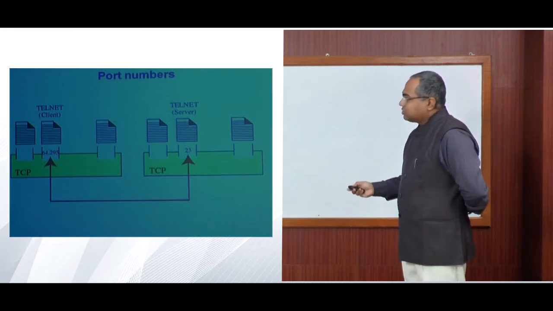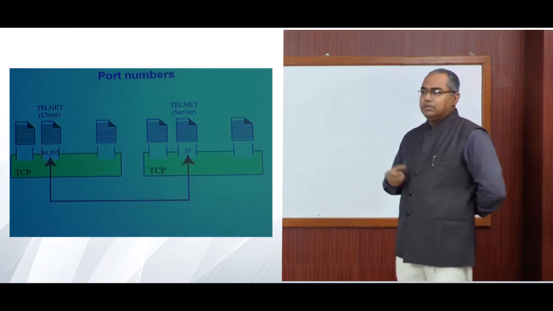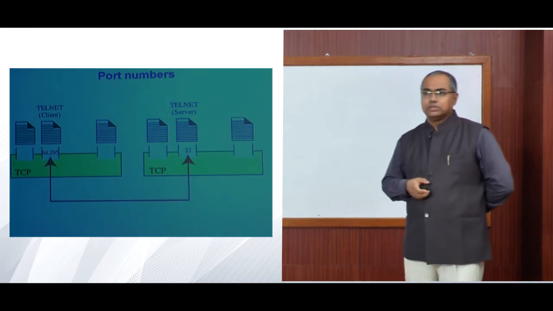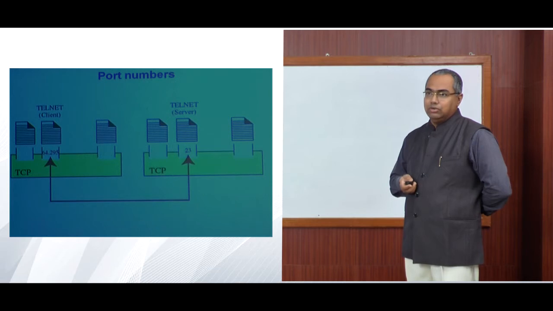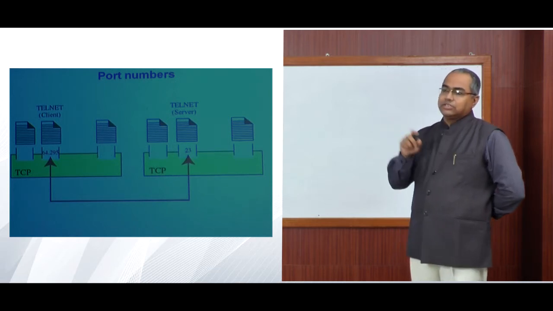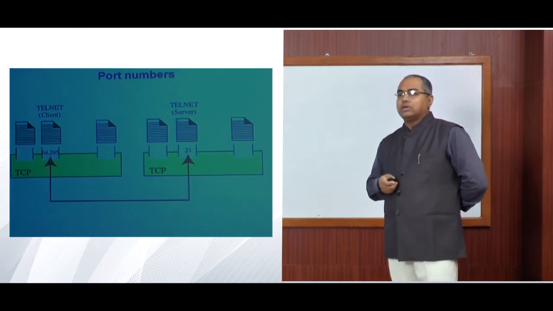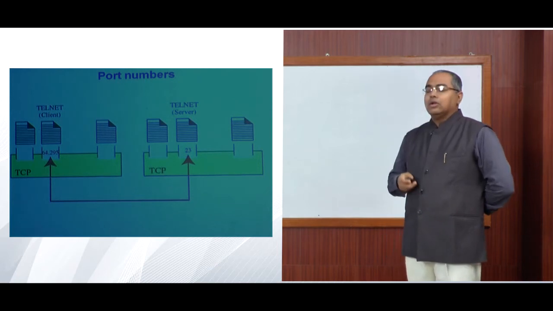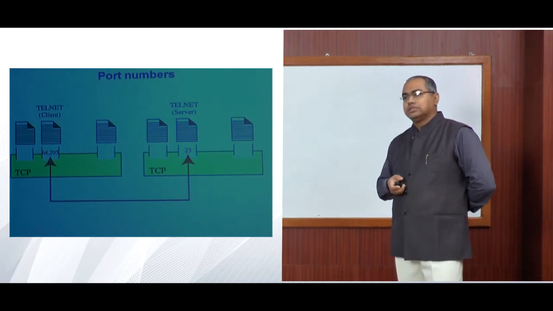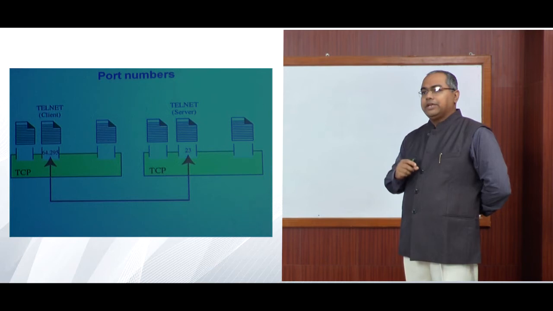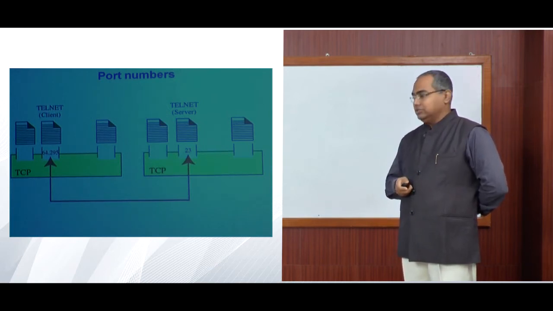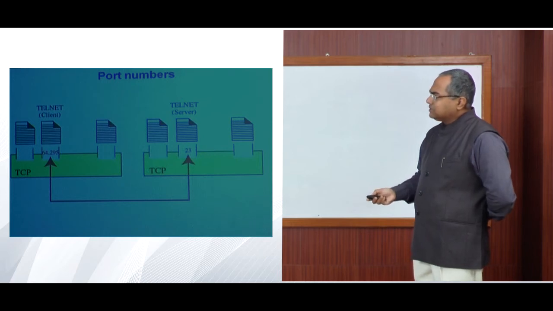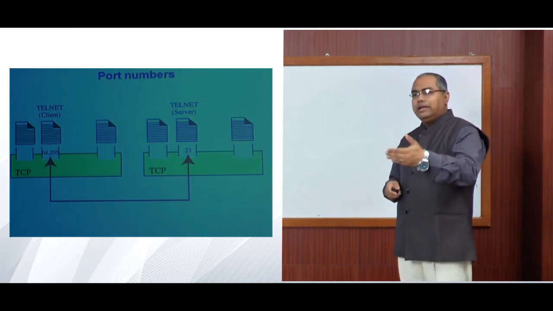That number is 23. For example, your HTTP server process, it runs in port number 80. So when I am connecting, the first example we took, that trying to connect to a Google application server process, my communication will be to the HTTP server port number 80.